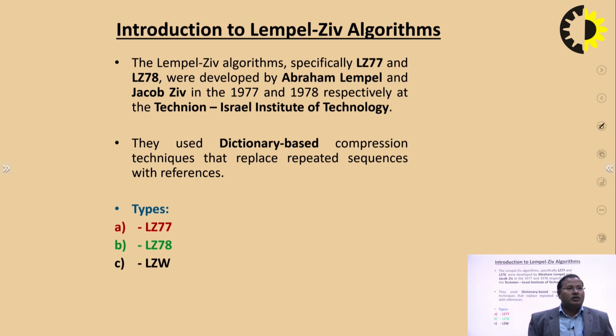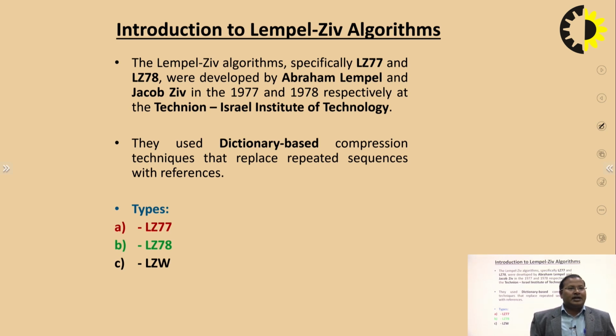Now, introduction to Lempel-Ziv algorithms. The Lempel-Ziv algorithms, specifically LZ77 and LZ78, were developed by Abraham Lempel and Jacob Ziv in 1977 and 1978 respectively.